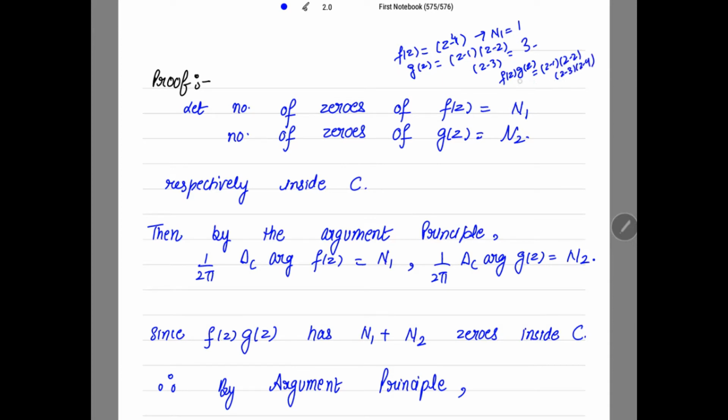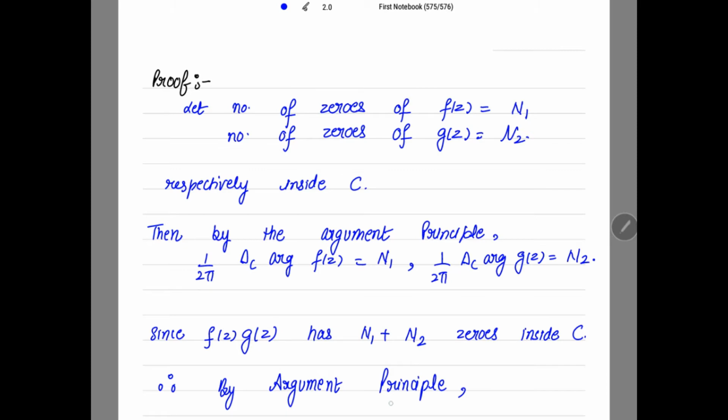Now what is the number of zeros for f(z)g(z)? Yes, 4. 1, 2, 3, 4. Right? So this is nothing but the sum. So the number of zeros of the product f(z)g(z) is equal to the sum of the number of zeros for f(z) plus the number of zeros for g(z). I think this is very clear to you. Alright, so f(z)g(z) has n1 plus n2 zeros inside C, right?